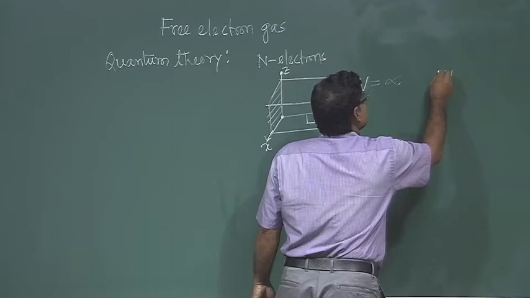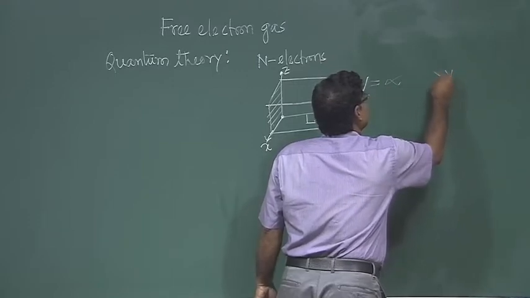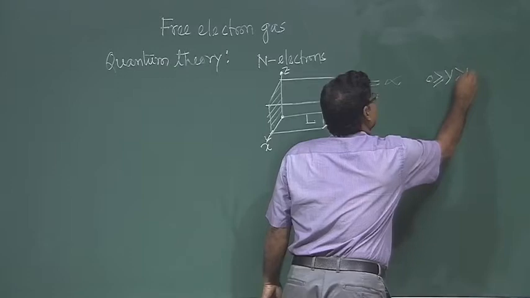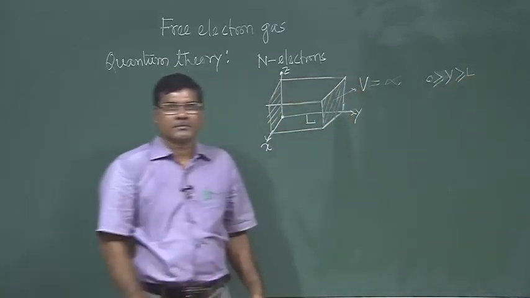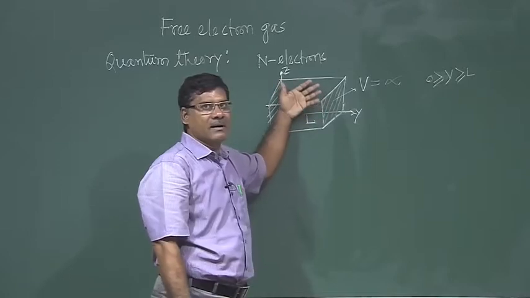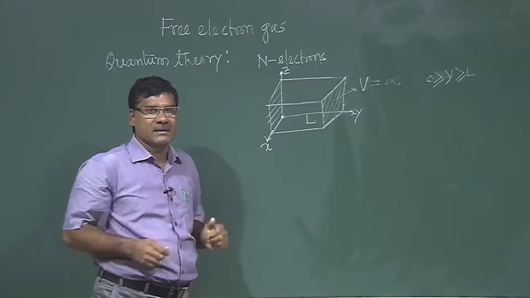So y is less than or equal to 0 and greater than or equal to L. Similarly for the x direction, y direction and z direction, one can consider this on 6 faces.